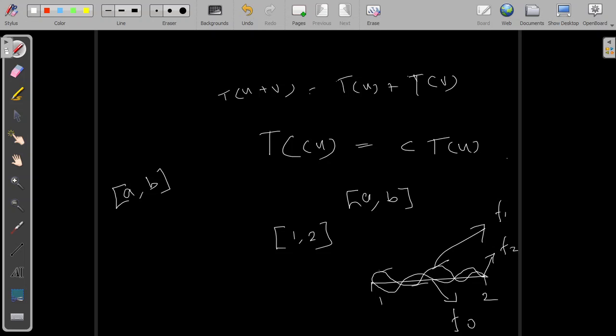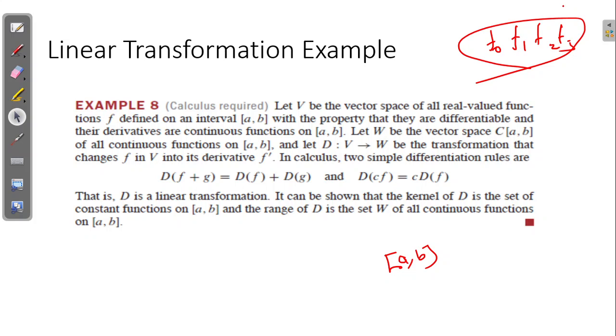At each and every point of this function, which is defined on the closed interval 1, 2, there is a definite slope, right? So it is differentiable in this interval 1, 2. That is what we mean by differentiable and continuous. The property is that they are differentiable and their derivatives are continuous functions on AB. So you understood that point.